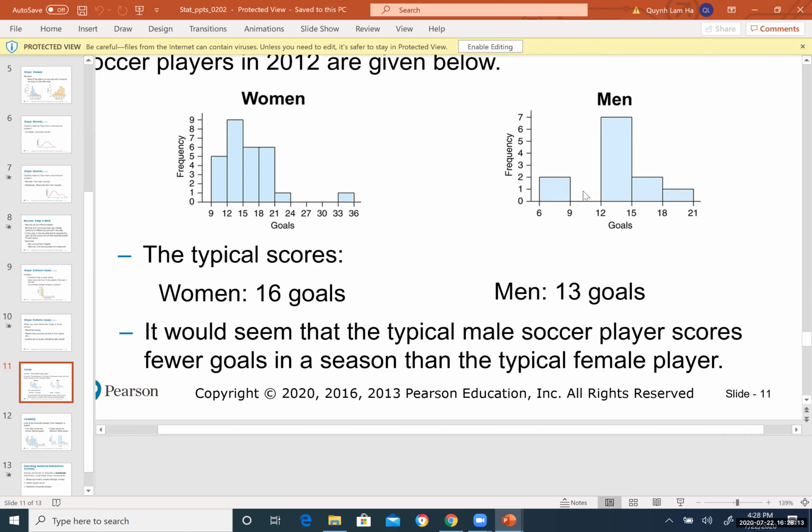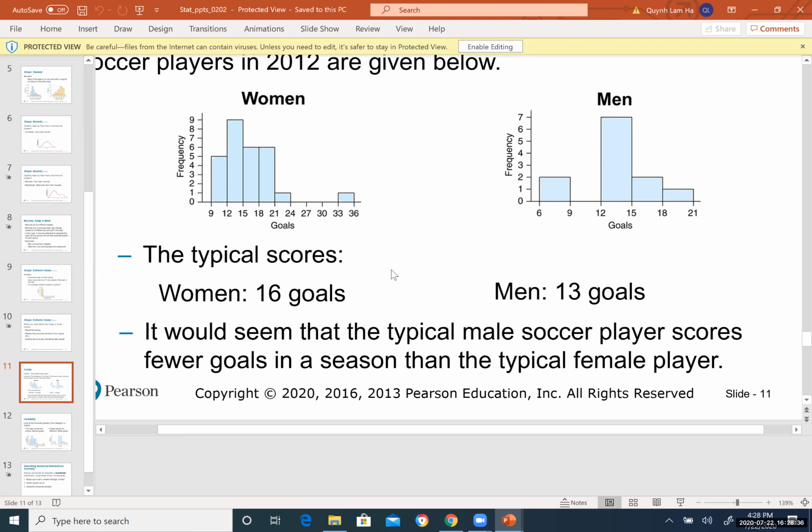So the typical score that we can estimate will be around the middle, grouped on the left here for women, and for the men around here. So for women, the typical value, the mean or the median, will be 16. And for the men, the typical value or the center, the mean or the median, will be 13.